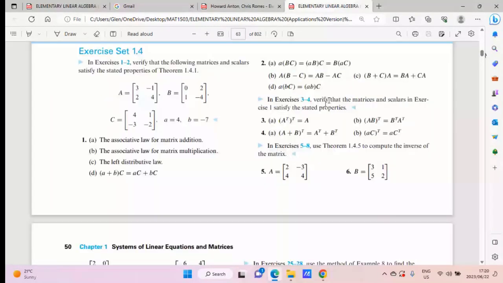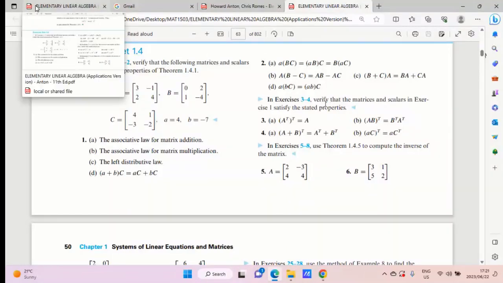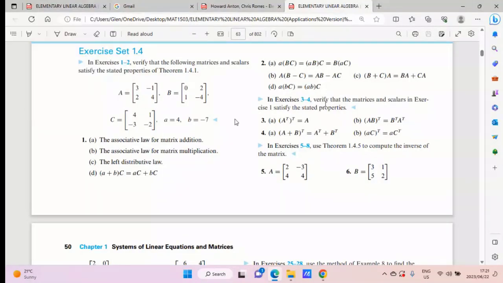Okay, so are we doing B and C? We're doing B. For now, we are doing B. After that, we'll go to C. What did you get, my brother, as an answer? I got minus 34 for the first entry. Hang on, Bongani. First of all, what is the size of the matrix? It's a 2 by 2 matrix.